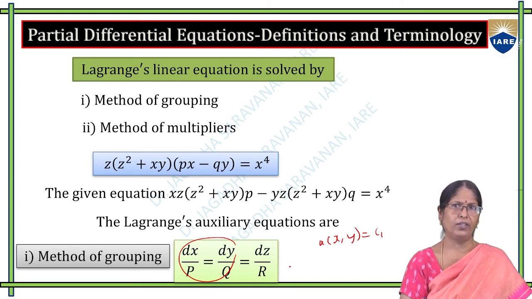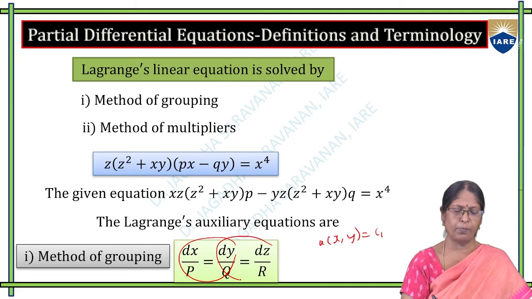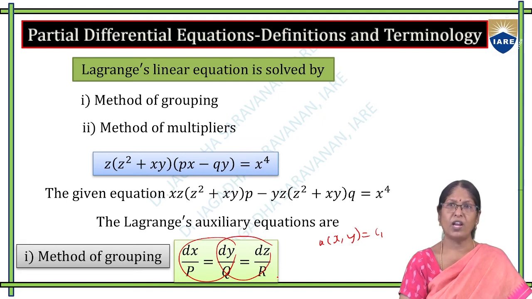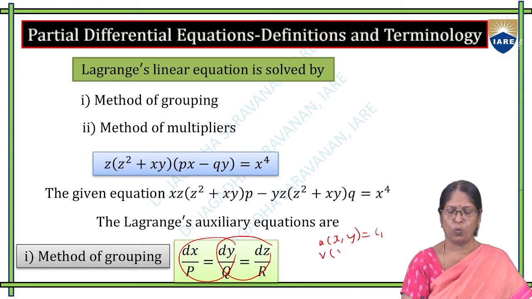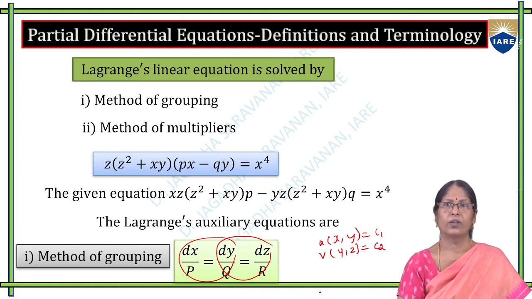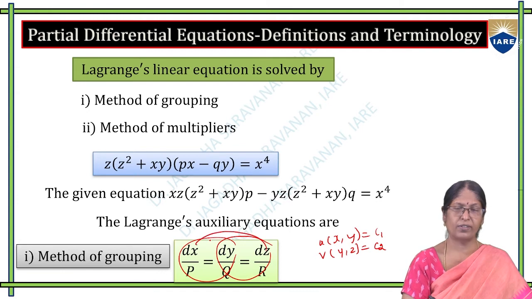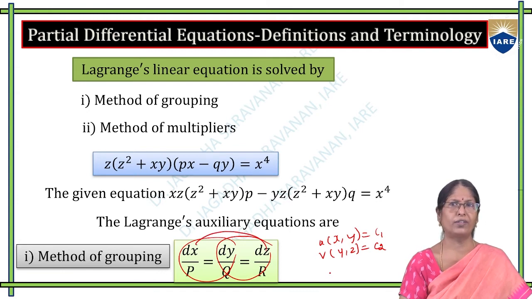If we take the second and third members, which are very easy to integrate, the result is v of y, z equal to some constant. Or we take the third and first, w of z, x equal to some constant.